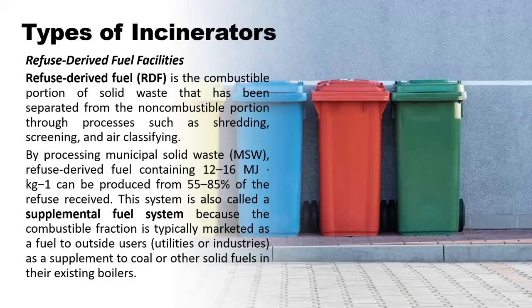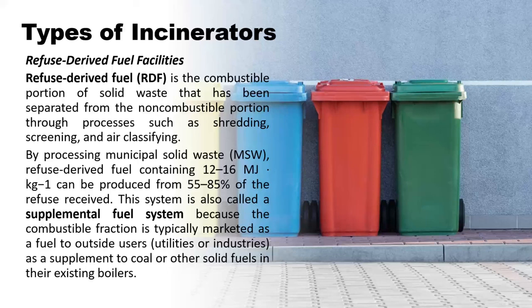And another type of incinerator is the refuse-derived fuel facilities. So RDF, or refuse-derived fuel, is the combustible portion of the solid waste that has been separated from the non-combustible portion through processes such as shredding, screening, and air classifying. By processing municipal solid waste, refuse-derived fuel containing 12 to 16 megajoules per kilogram can be produced from 55 to 85% of the refuse received.